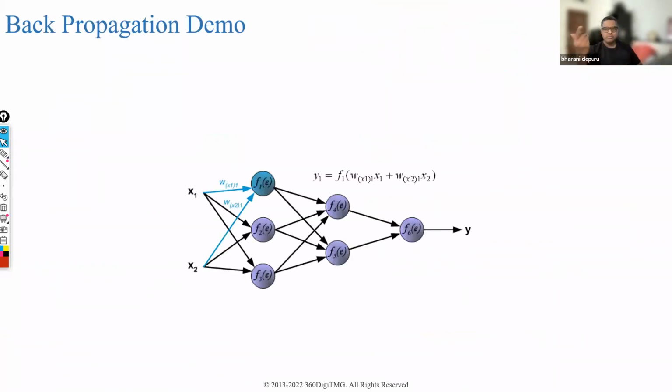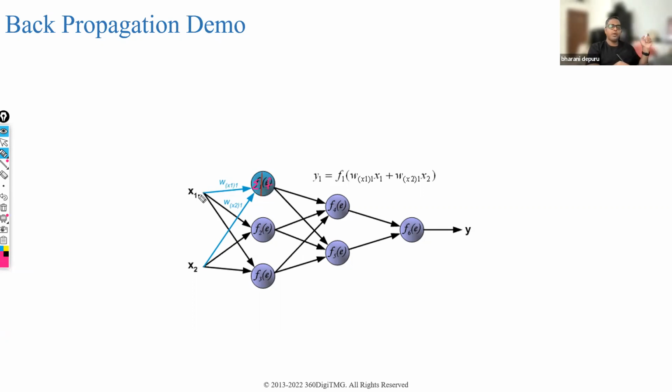So, let's do the demonstration here. If you have inputs, what will happen? The first time, the weights are randomly assigned. So you have these weights, and this contains two components, right? It contains integration and activation.